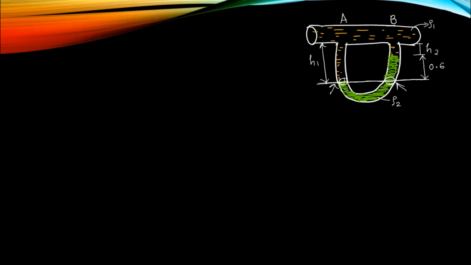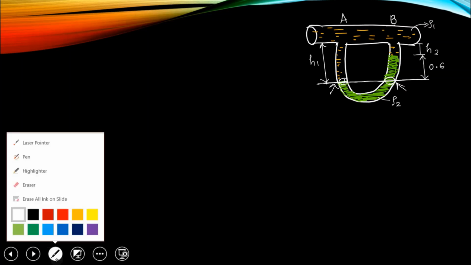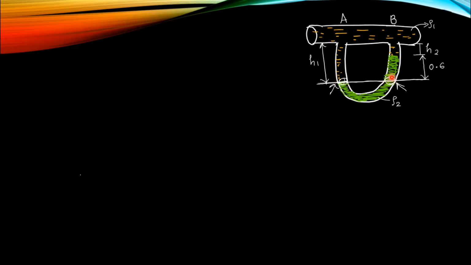So we are finding out the pressure difference between A and B. For that we are taking this equation which says that pressure at this point and this point is the same. So we can write PA plus, let's say ρ1 is the density of oil, so ρ1 into g into the height in the left limb, which is H1.